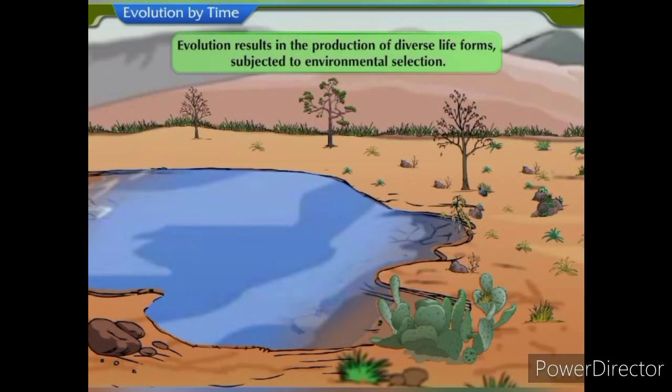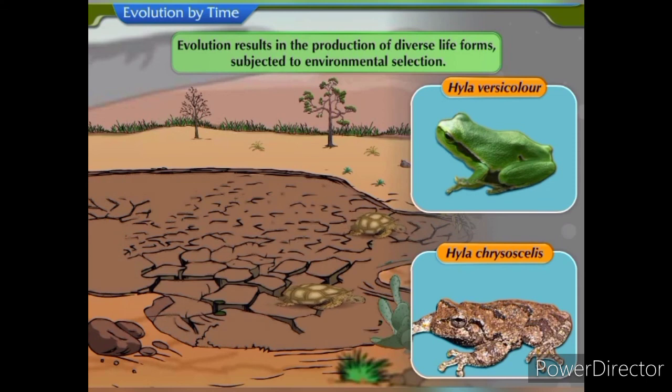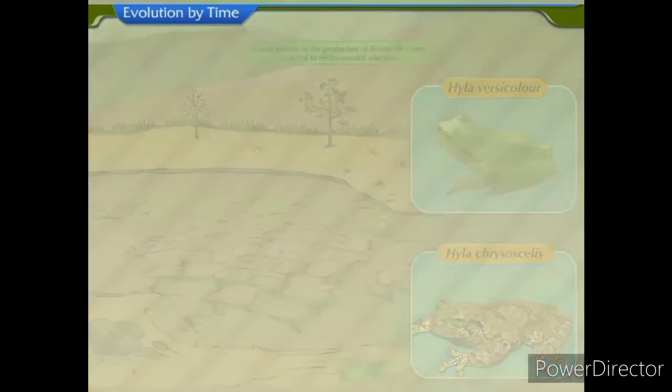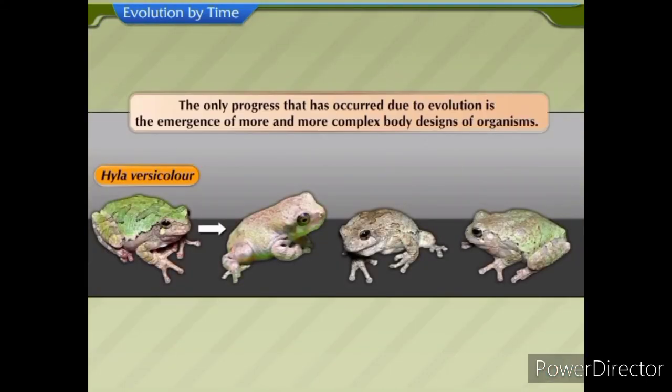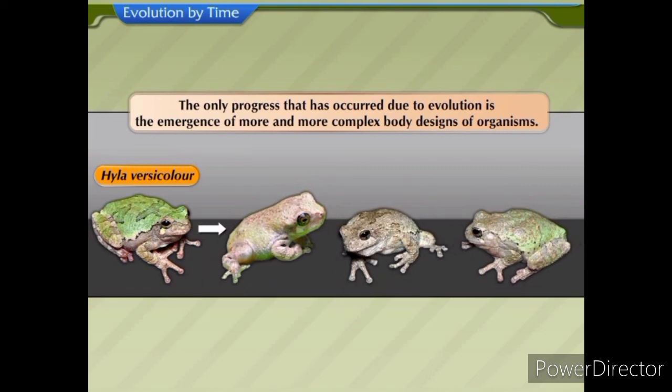Evolution results in the production of diverse life forms subjected to environmental selection. The only progress that has occurred due to evolution is the emergence of more and more complex body designs of organisms. Let us understand this.